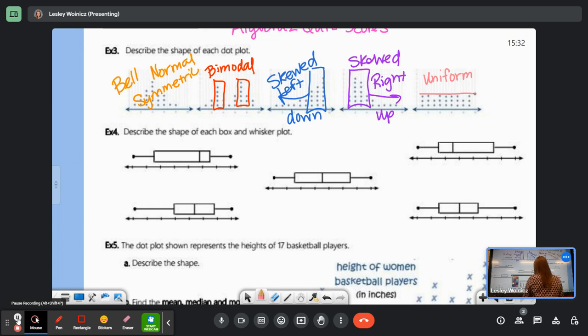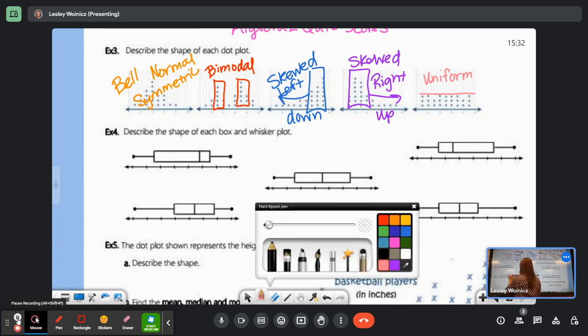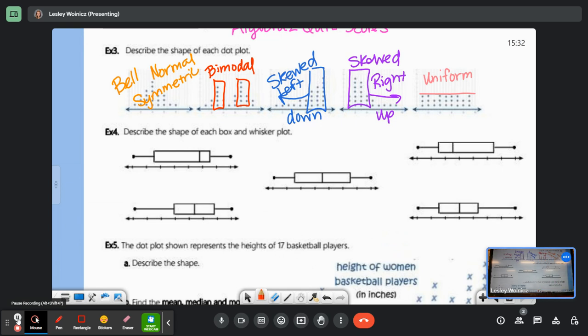All right, now, this should also be review, but these are a little bit harder. So when you're doing these, you have to remember that the quartiles separate the data into fourths. So we've got a fourth, a fourth, a fourth, and a fourth. So here's the lump, here's the tail. Skewed left, and so is this one. For our purposes, we're going to say that it's bell.